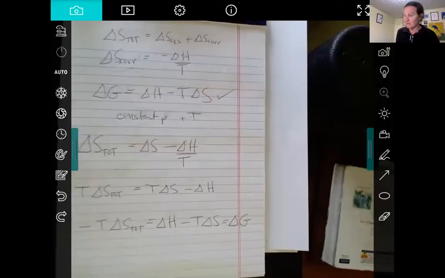I don't think I actually ever shared the document camera. We'll go back to share. Okay, so I don't think I was sharing this.